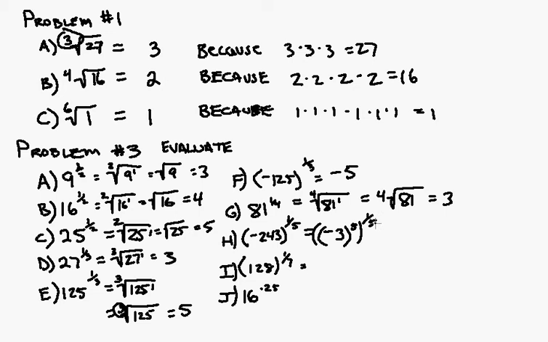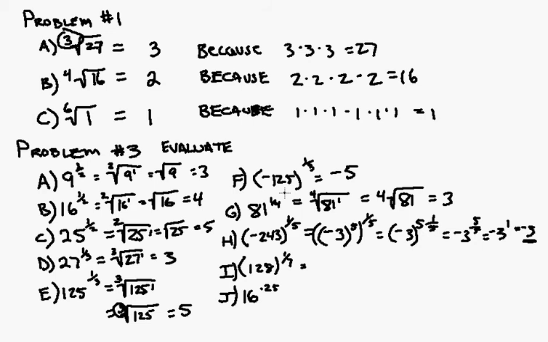And using my rules of exponents, a power raised to a power means we're going to multiply those two exponents together. So this is equal to negative 3 to the 5 times 1/5. Well, that's equal to negative 3 to the 5/5, which is equal to negative 3 to the first, which is negative 3. That would be my answer.